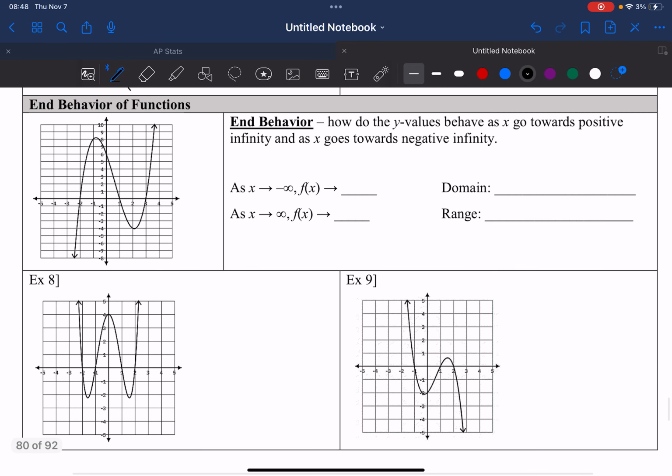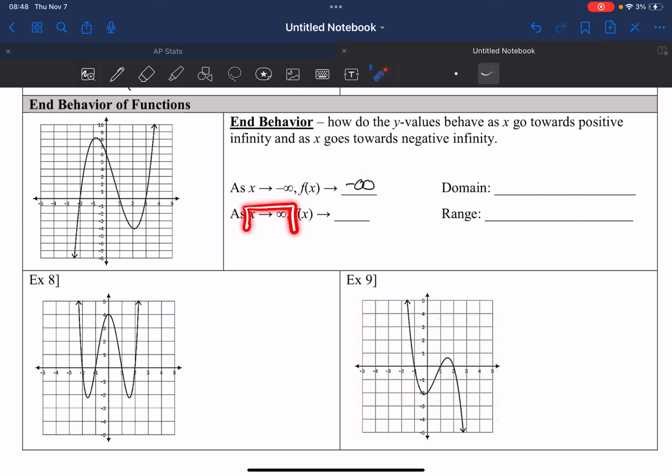Last part here is the end behavior of a function. When we're looking at the end behavior, we're looking at the endpoints, those arrows, and in which direction they're going. For example, if x goes towards negative infinity, that's the left side. We look at this endpoint here because it's the closest, and since it's going down, we say that this is going to negative infinity.